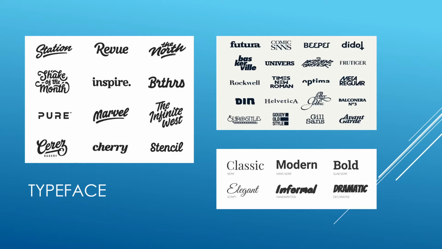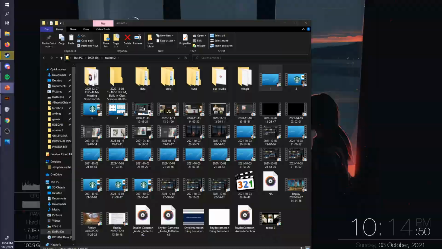Inspire is very frank and very hard to misinterpret. What I'm basically getting at here is that typeface is extremely important. Look at how every single one of these typefaces conveys a completely different vibe and feeling.